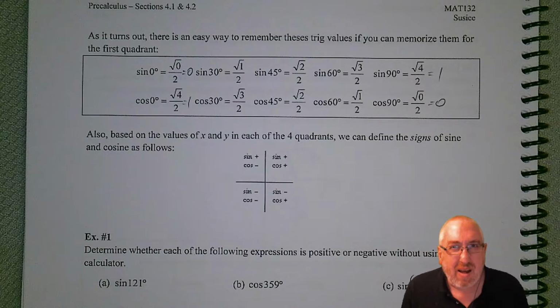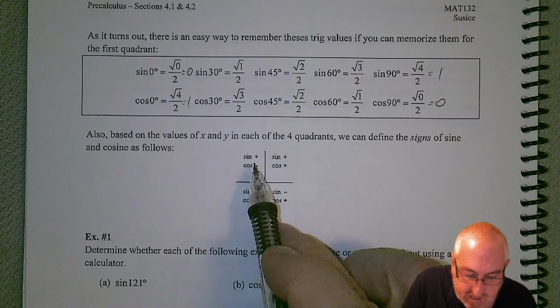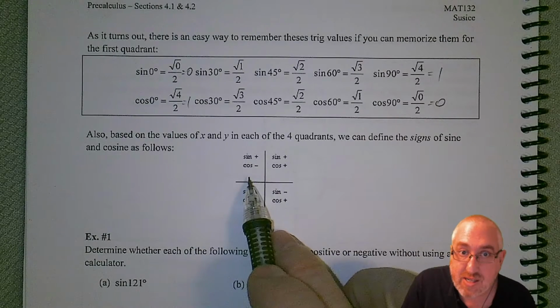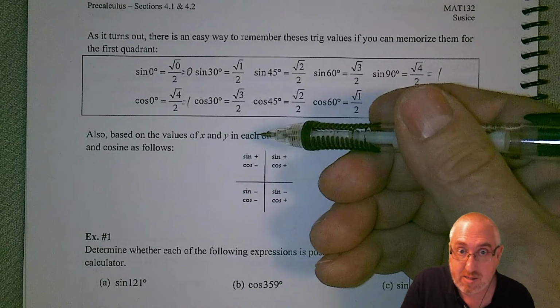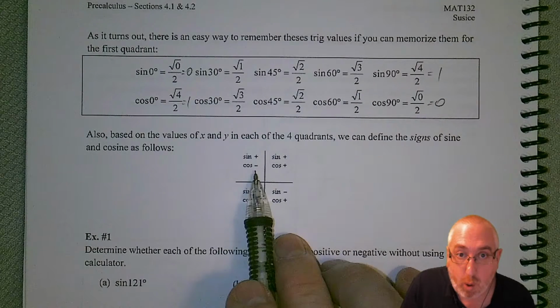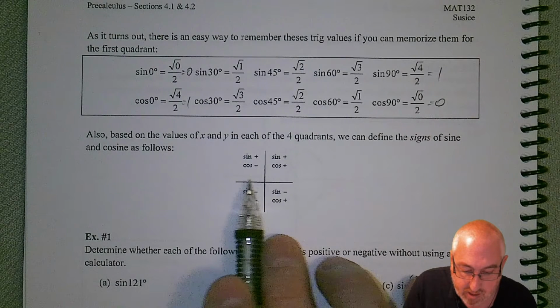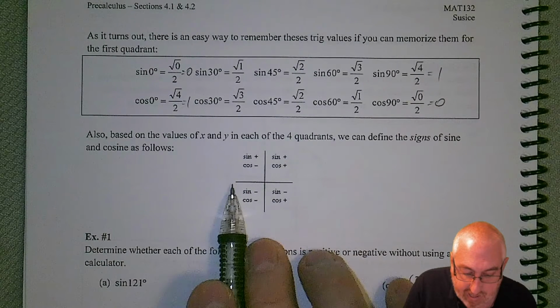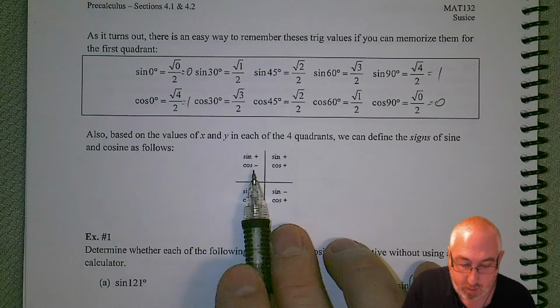Why? Well, think about the values of x and y. If you're in the second quadrant, the y values are still positive because you're above the x-axis. The cosines are negative though because now you're on the negative side of the x-axis. So these would all be negative numbers over on this side. That's why cosine is negative.